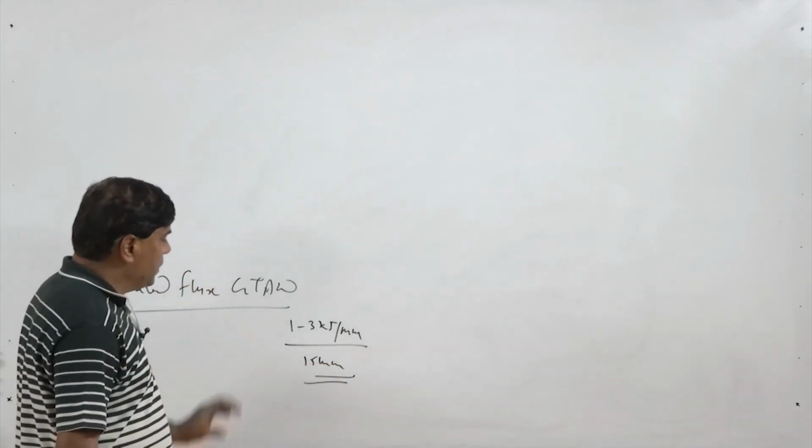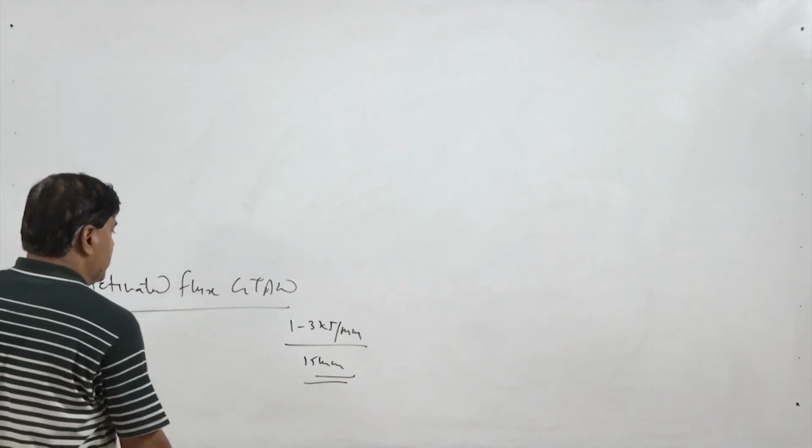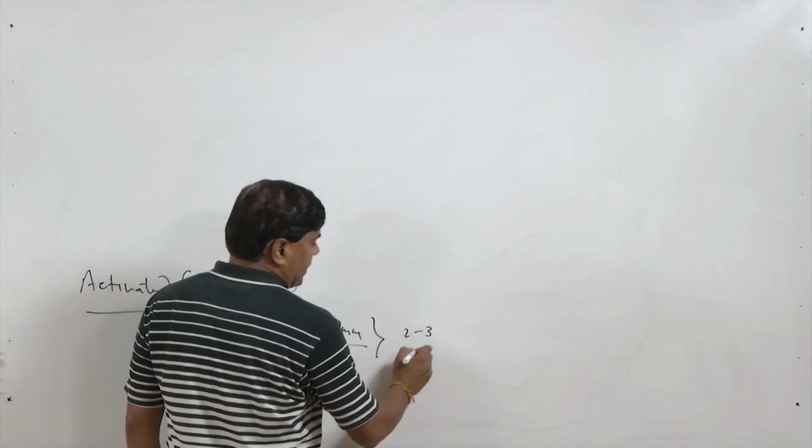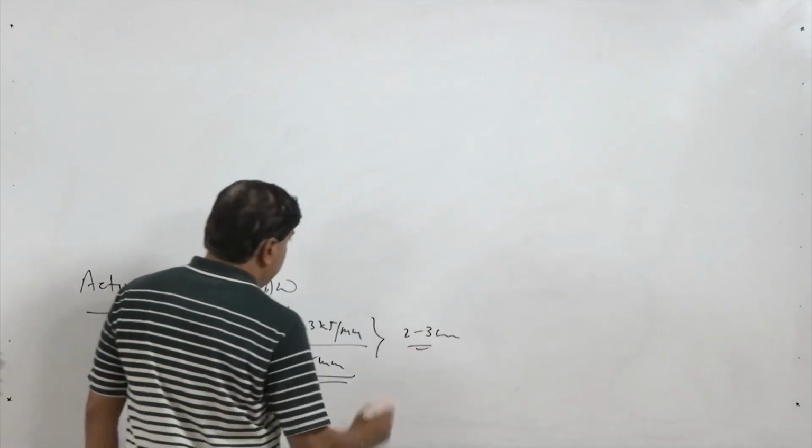Conventionally this process can melt up to 2 mm to 3 mm or maximum 4 mm thick plates in one go.